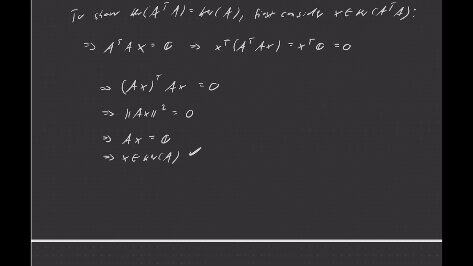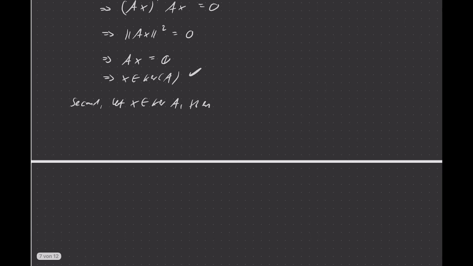And vice versa, so the second case: let x be in the kernel of A. Well, that's the easier case. Then that means Ax equals the zero vector. So A transposed times Ax is the same thing as A transposed times the zero vector, which is of course 0.